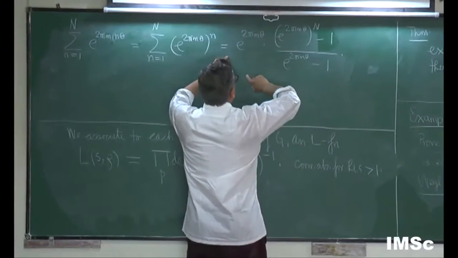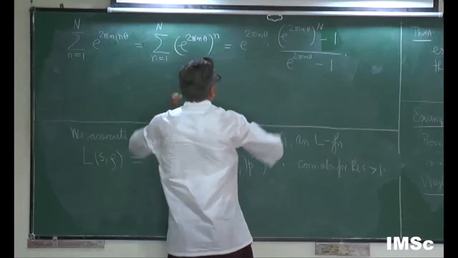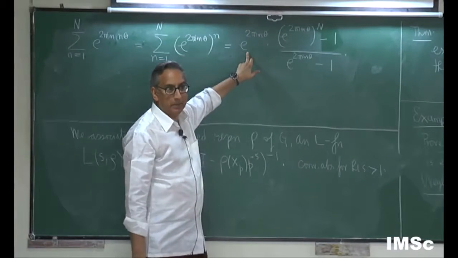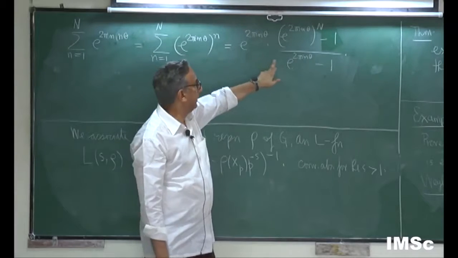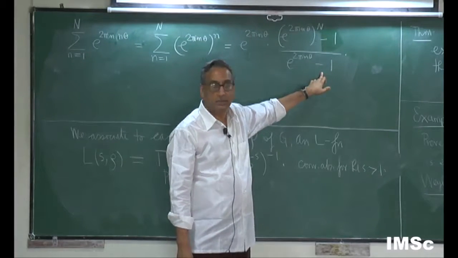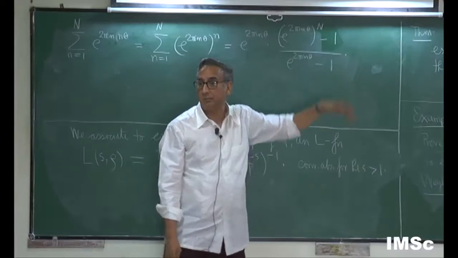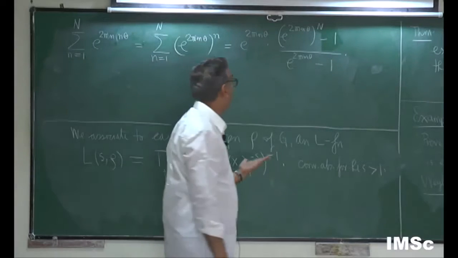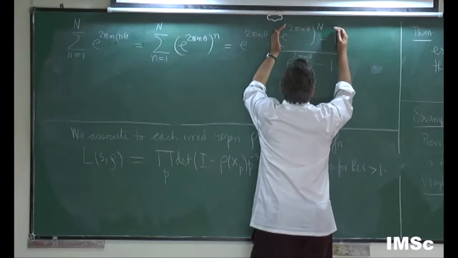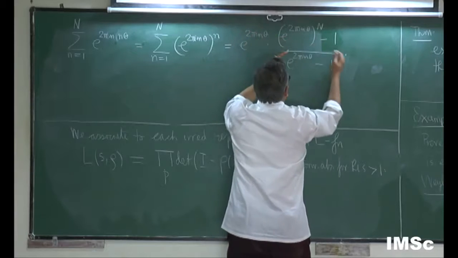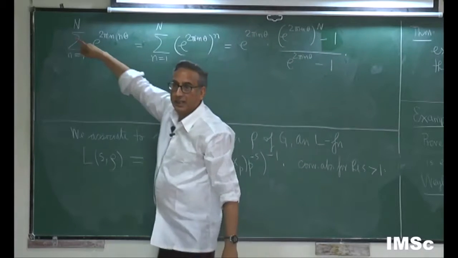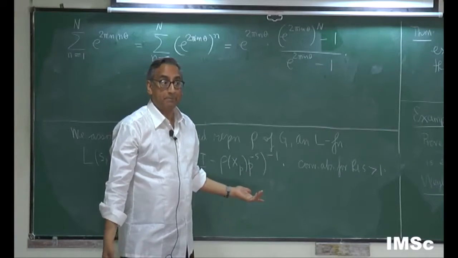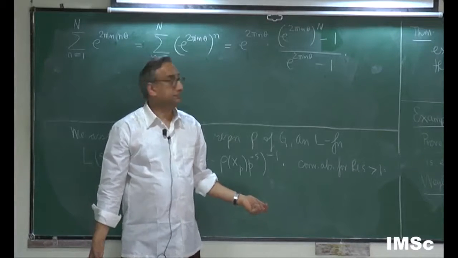Okay, so now we have this. And what do we have here? We have a number which doesn't depend on capital N. The denominator doesn't depend on capital N. The numerator does, but it's bounded by 2. So this numerator is bounded by 2, and this guy is all independent of N. So if I divide by capital N and take the limit as N goes to infinity, it's 0. So it satisfies the Weyl criterion.